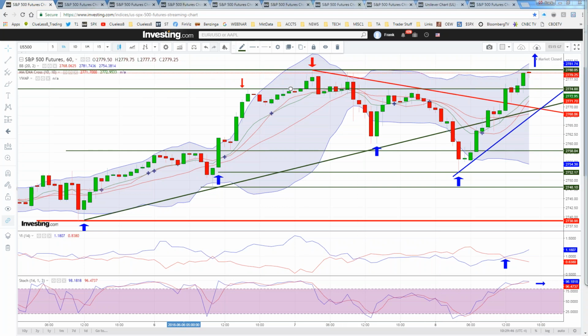The second one happens to be these ones. The quad, what I call the quad algo HFT charts.